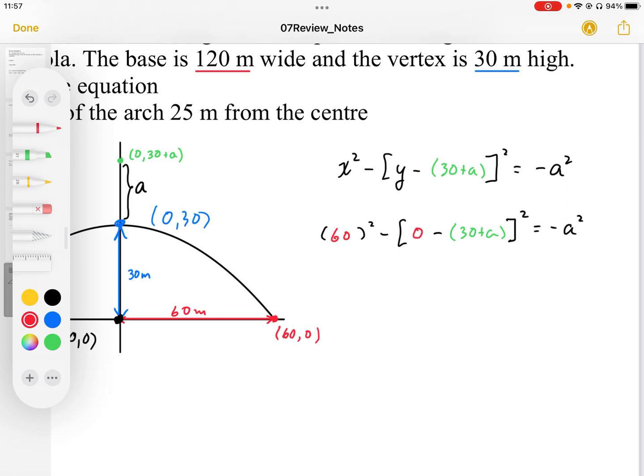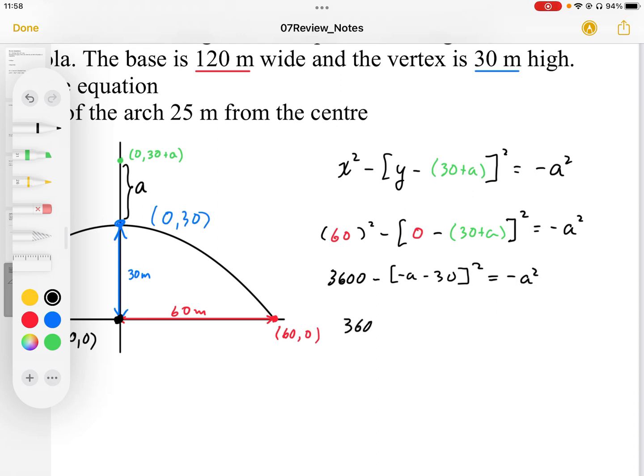Okay, so when I expand this all out, we end up with 3,600 minus negative a minus 30 squared equals negative a squared.